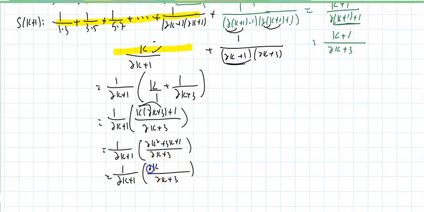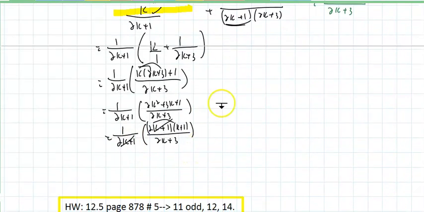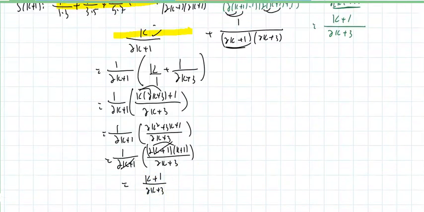Wouldn't that be (2k plus 1) into (k plus 1)? Wouldn't this cancel with that? And what are you left with? k plus 1 over 2k plus 3. Does that match? Right there.